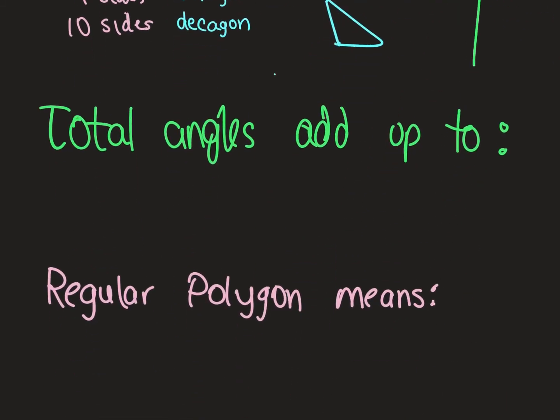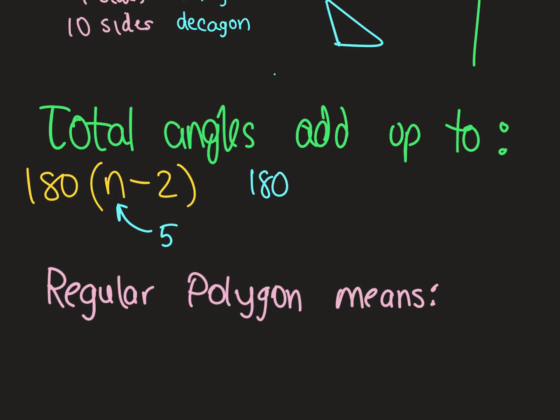The total angles add up to the number of sides minus 2 times 180. So in a pentagon, this number is 5. 180 times 5 minus 2, 180 times 3 is 540.